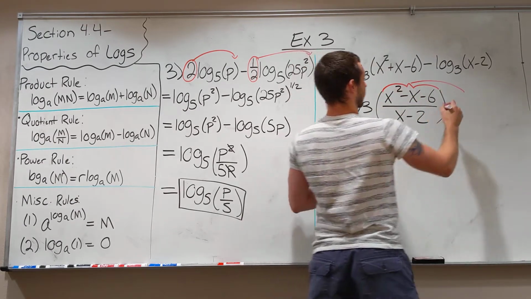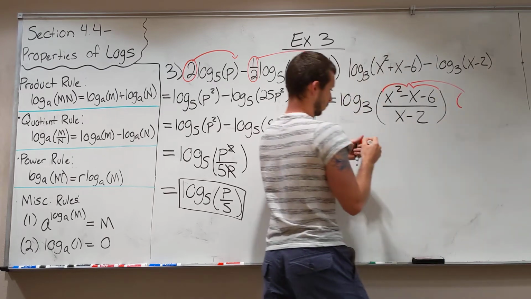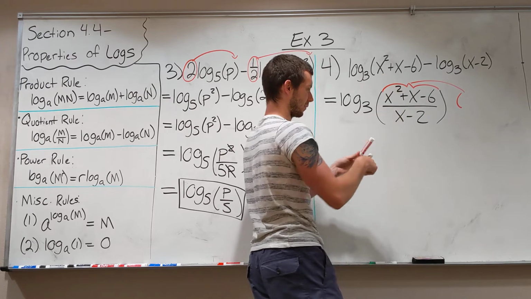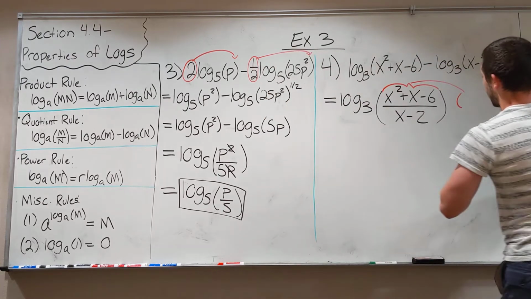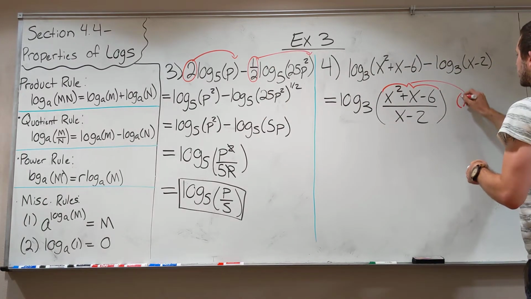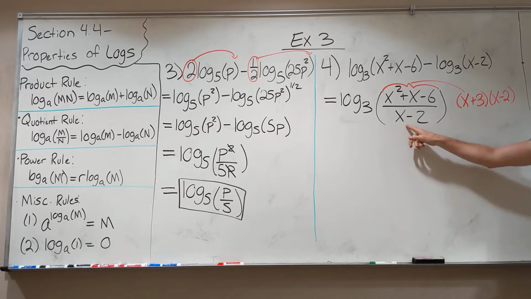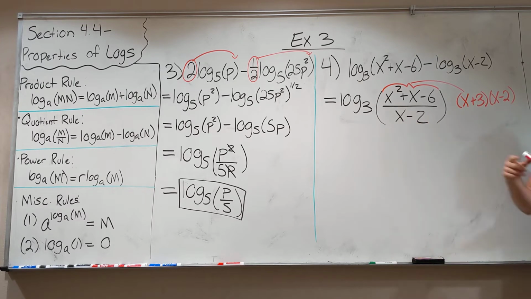this factorization ends up being plus. So, my fault. That should be a plus. So the factorization would be x plus 3, x minus 2. And so by identifying this, you notice that there's another x minus 2 in the denominator here. So they actually cancel.